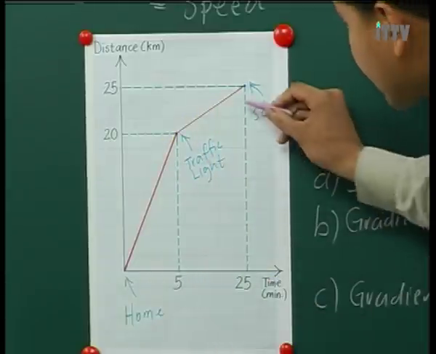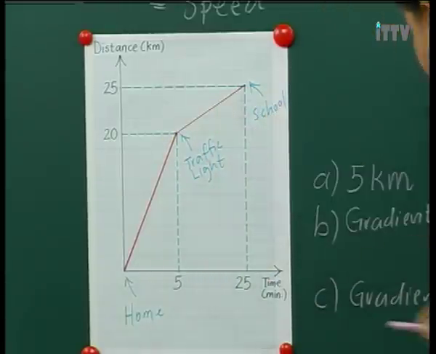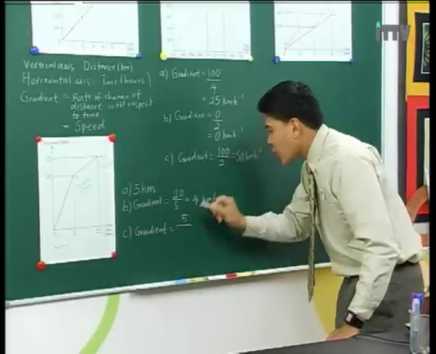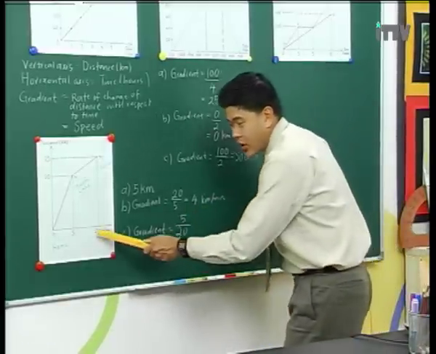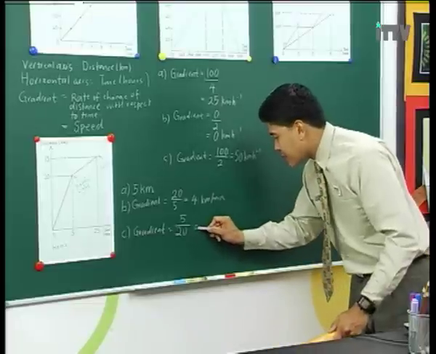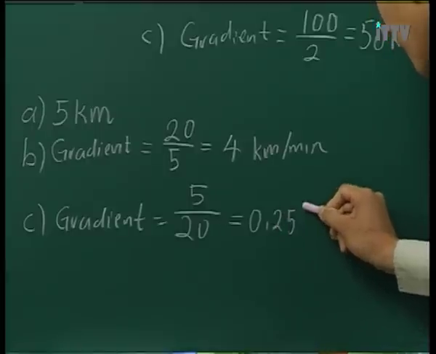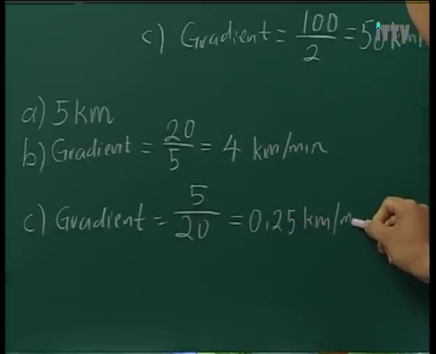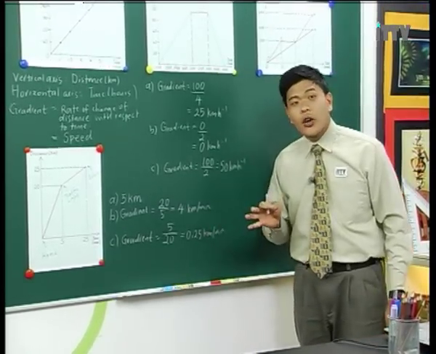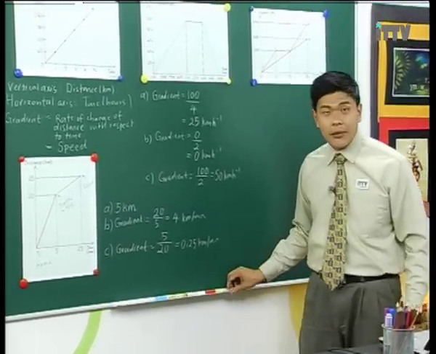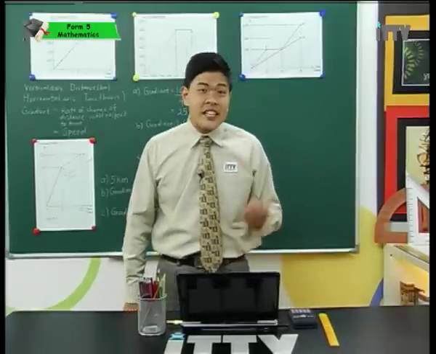The vertical distance is just right here, so it is 25 minus 20, which gives us 5, over 20 minutes, because this is the time taken. So simplified is 1 over 4 or 0.25 kilometers per minute. So guys, remember that what you have here is the gradient, which represents speed in a distance time graph.